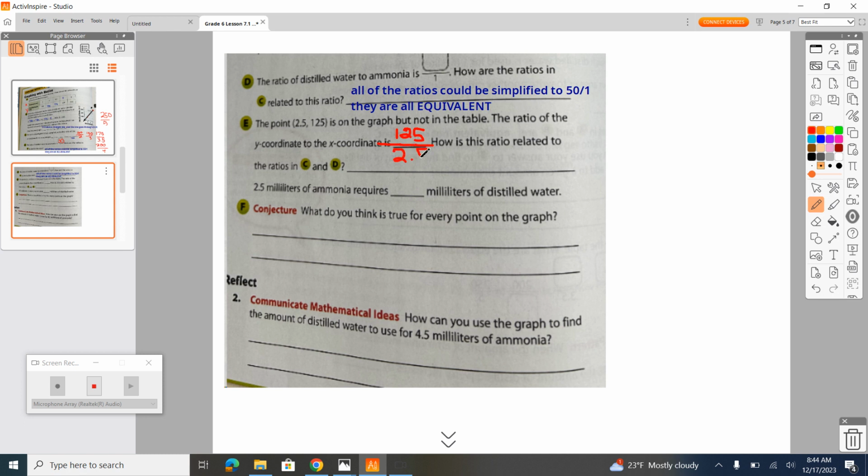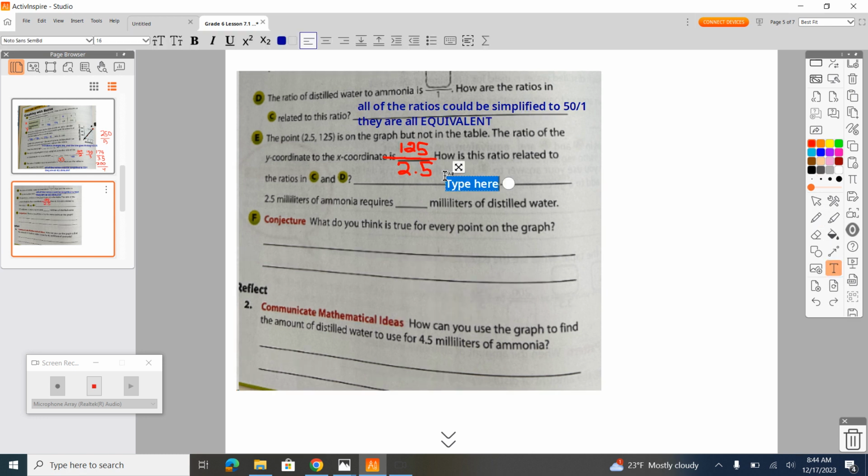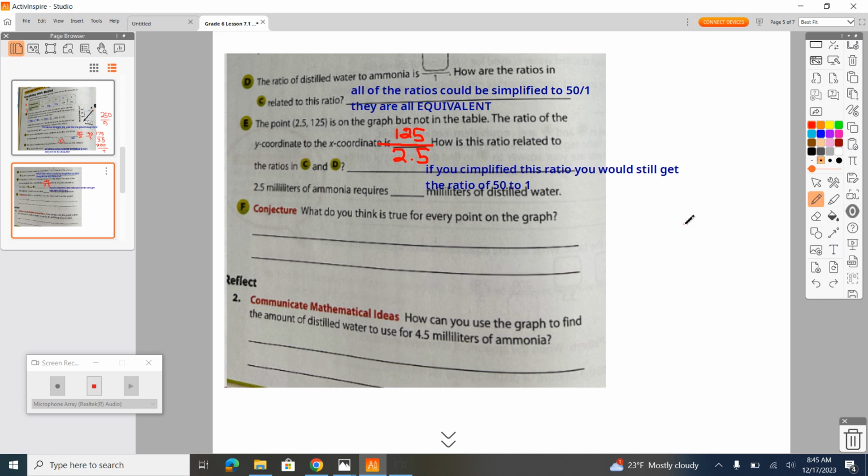And if you simplified this, you would still get the ratio of 50 to 1. And if you don't believe me, I'm going to do it right now, but you can take your time and actually do this division problem. You could do 125 divided by 2.5.